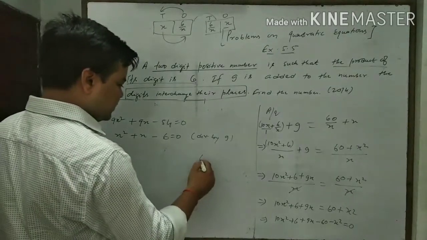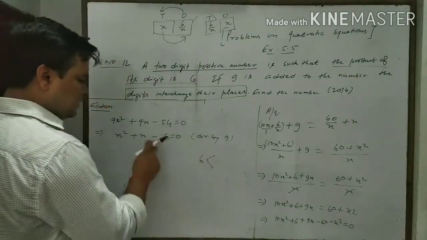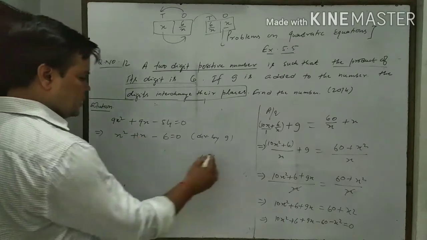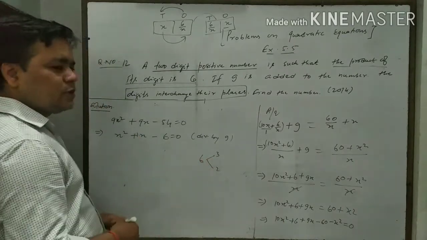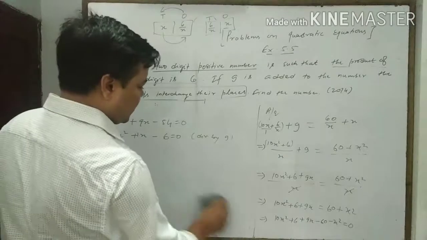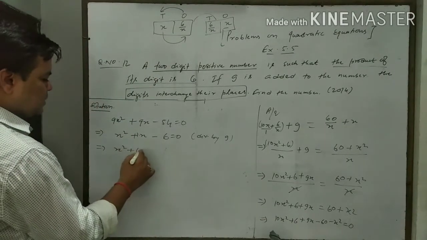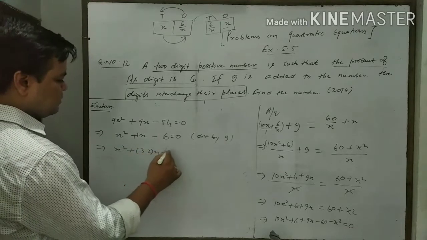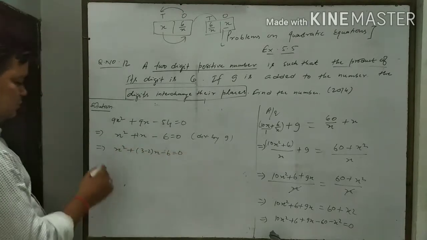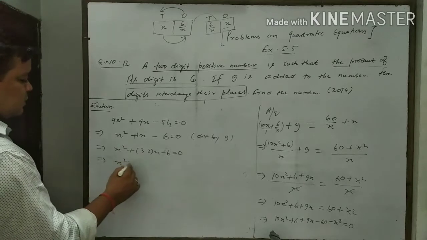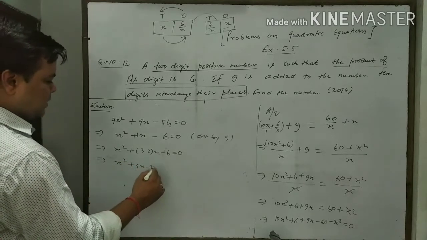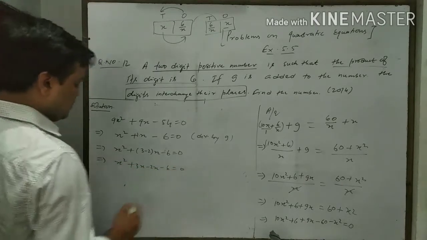Now break 6 in two parts such that their difference is 1, like this way. So 3 into 2, 3 twos are 6. In this way we can write x square plus 3x minus 2x minus 6 is equal to 0.